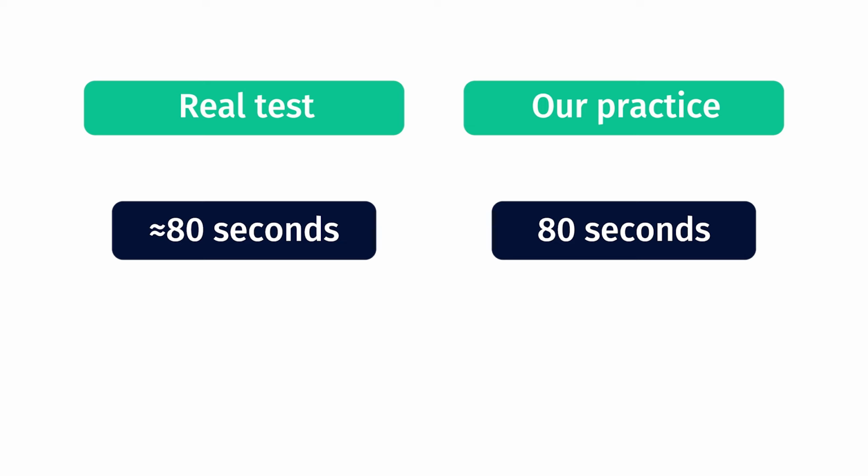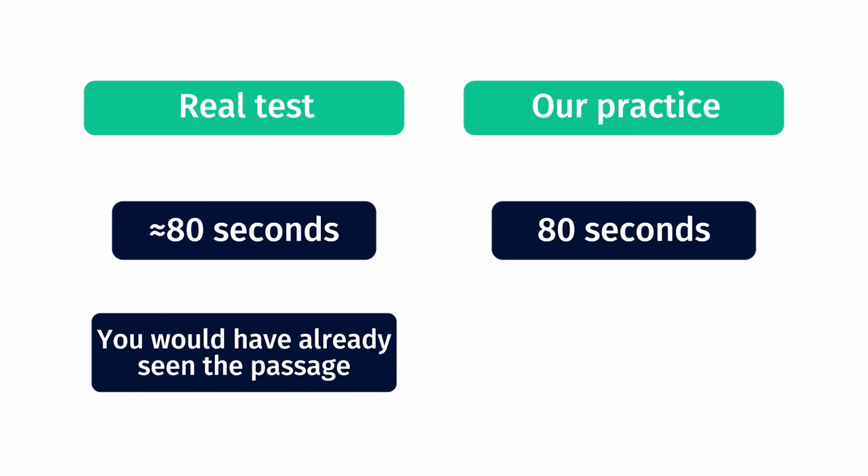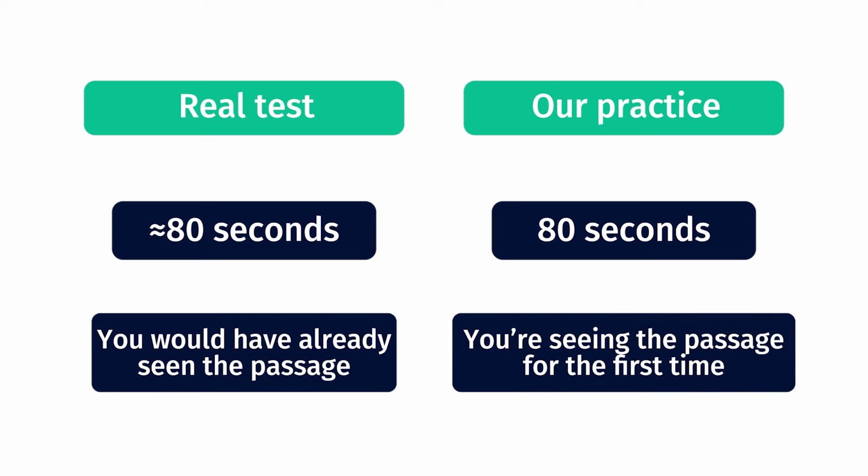There is a little difference here, which is in the real test, you would have already seen this passage in some of the other questions. Here, you're seeing the passage for the first time, but it's always better if you're going to run a 5K race, train for 10K. So train harder than the real thing, then the real thing seems easy. So that's what we're doing in today's video.